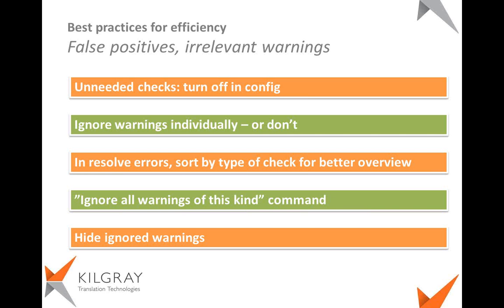And it will be much easier to process the list of warnings if you hide the warnings that are already ignored. So when you see a warning, you can choose from two things. You can take action, like correct the target segment where the warning occurred, or you can say that this is intentionally like this, so I want to leave it at that, and I just ignore the warning.